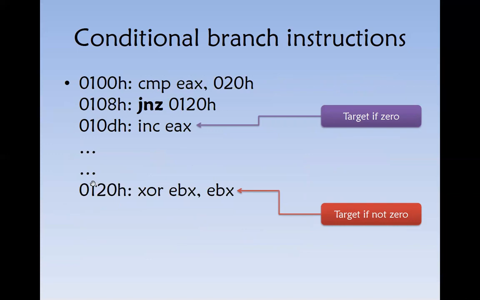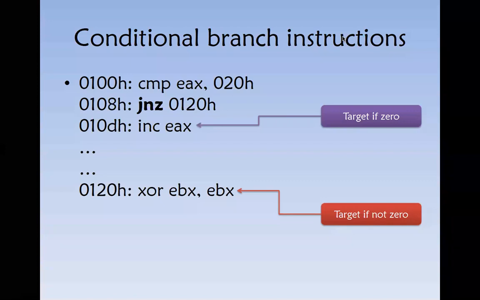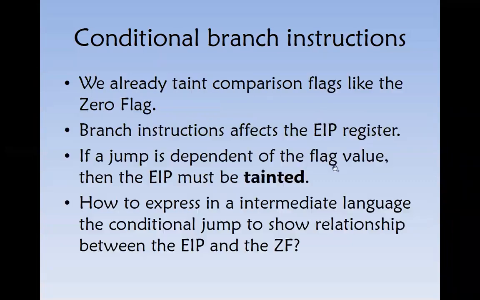So the taint value of EIP depends very much upon the value that is being compared. Essentially, if the jump is dependent on the value of a flag, then you also taint the value of the instruction pointer.